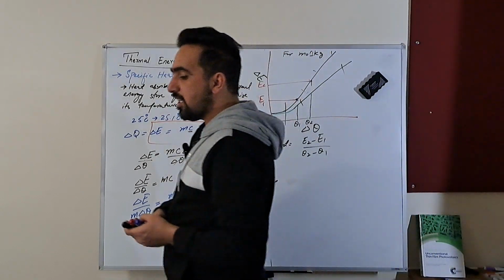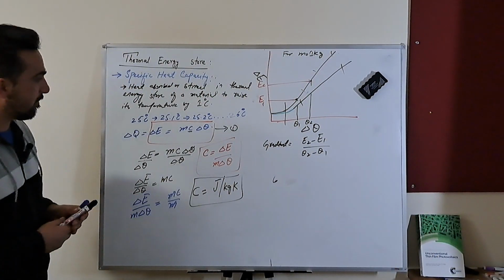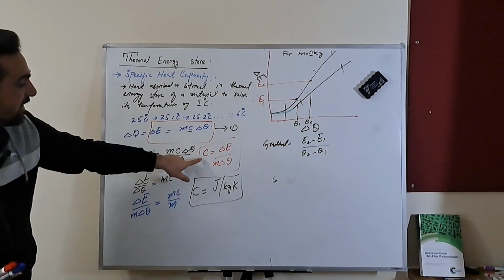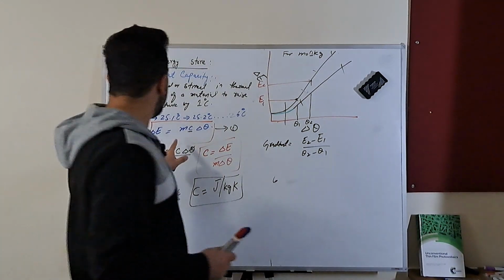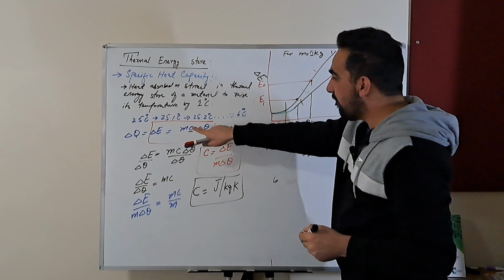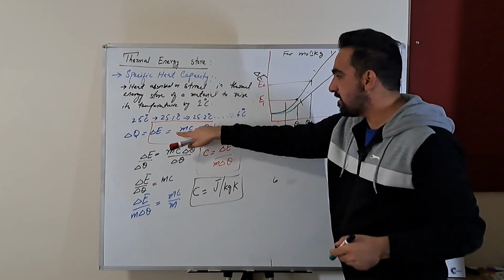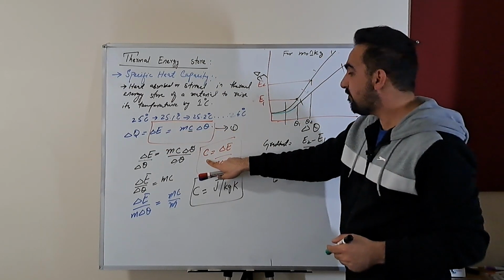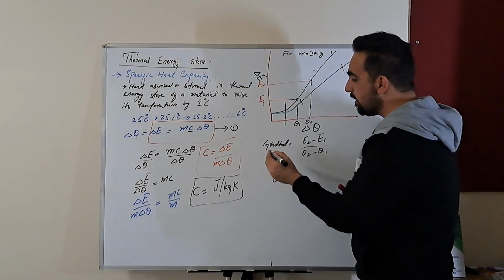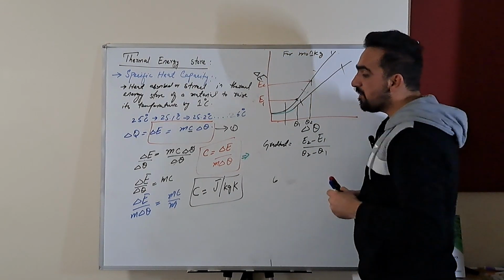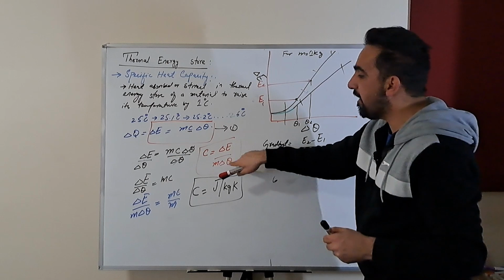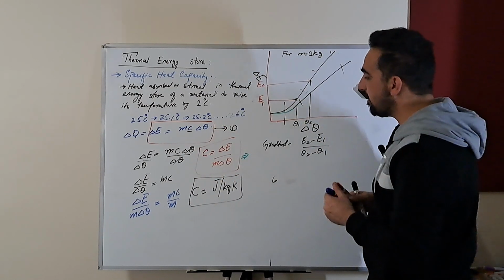Okay, so that was about the specific heat capacity, but this is a very useful equation. I can find energy with the help of this equation, I can find c with the help of this equation, but also I can rearrange for m and theta by doing the same steps.